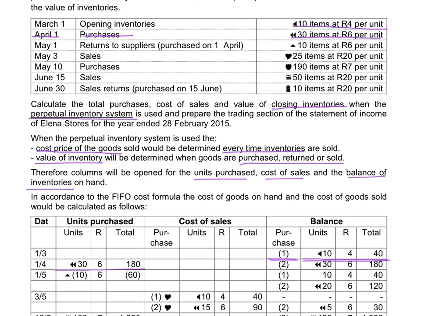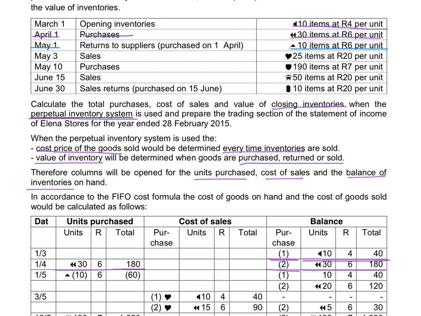Now we've got a group 2 that we will sell secondly, that consists of our purchases on the 1st of April. On the 1st of May, we return some of these goods that we purchased on the 1st of April. So that means I have to show that my purchases decrease.